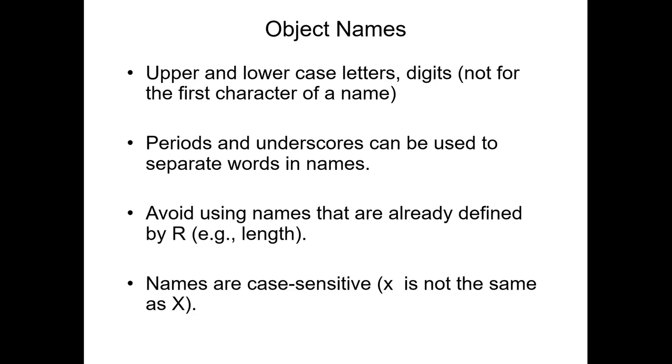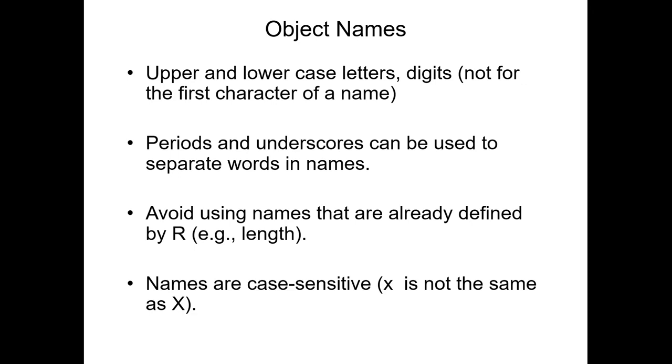And in R, all the names and anything you do in R is case sensitive. So if you named an object X, a small lowercase x, it's not the same as a large case X. So you have to be careful when you're programming to make sure you always remember what the object name is and what the case is when you type in code.